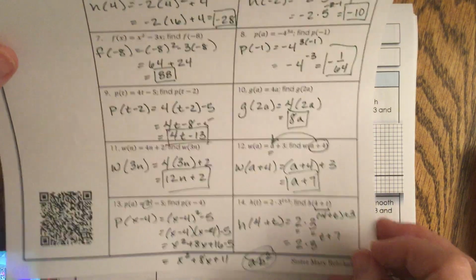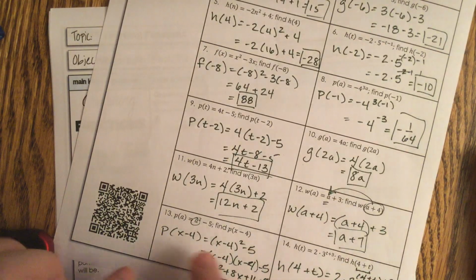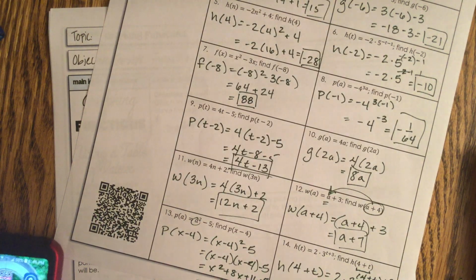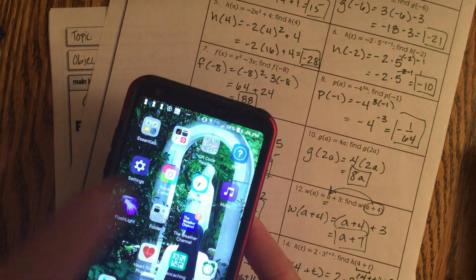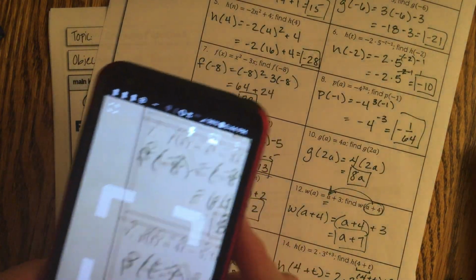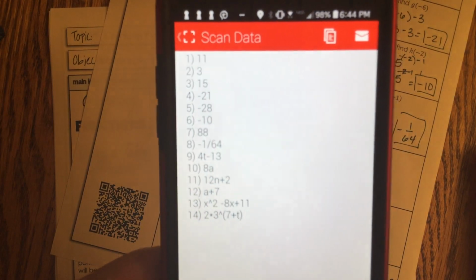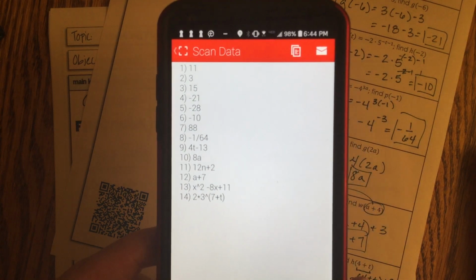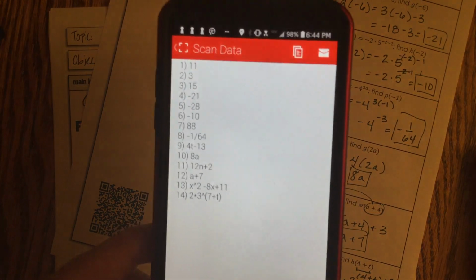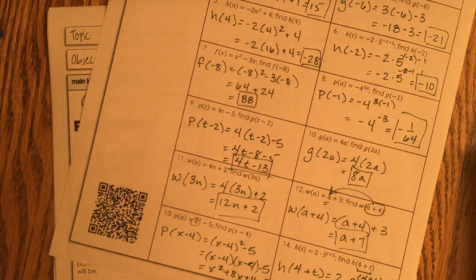Just by way of note, anytime we have a QR code, you can download a QR code reader as an app and then aim it at the QR code, and it will tell you the answers. That's true of all the homework as well, although I only put the odd answers on the homework instead of all of the answers.